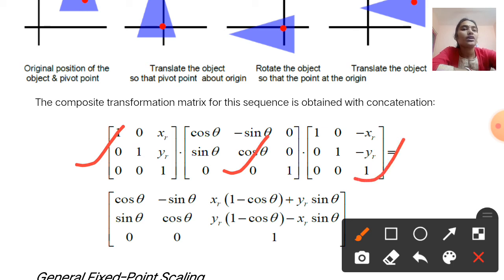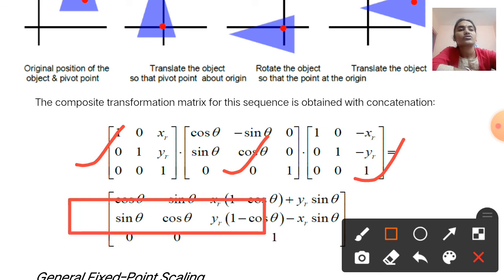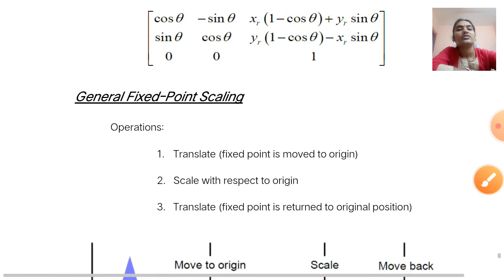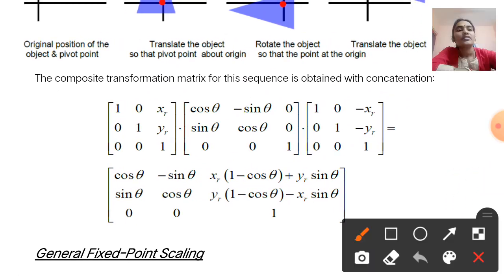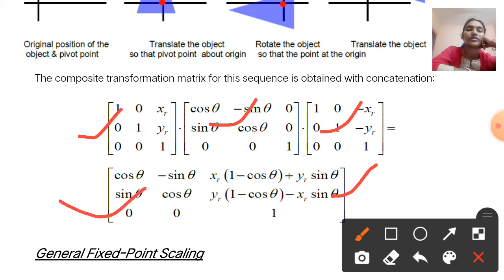When we multiply these three matrices, we will get this resultant matrix. After multiplying, we will find this matrix.